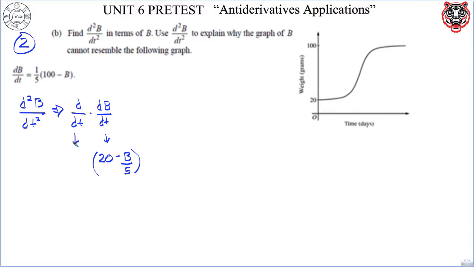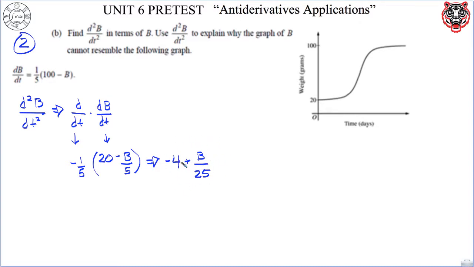And then what is the derivative of that? The derivative of this is negative 1/5, and we multiply it straight across. Negative 1/5 times 20 is negative 4. Negative 1/5 times negative B over 5 is a positive B over 25. So this is our second derivative.